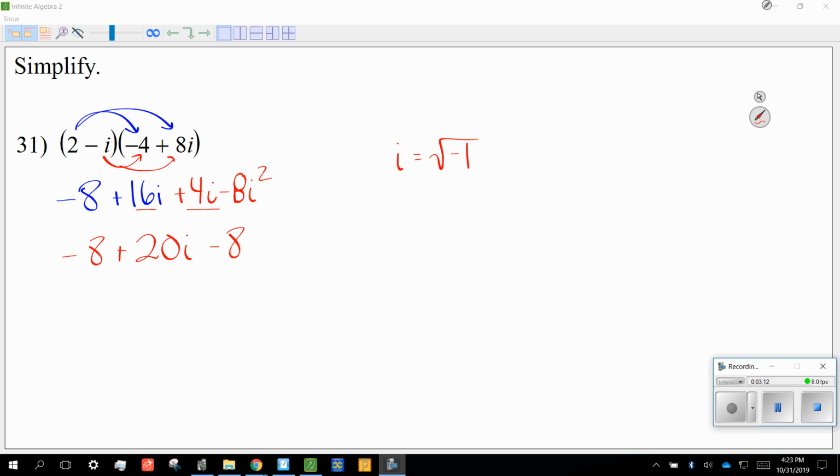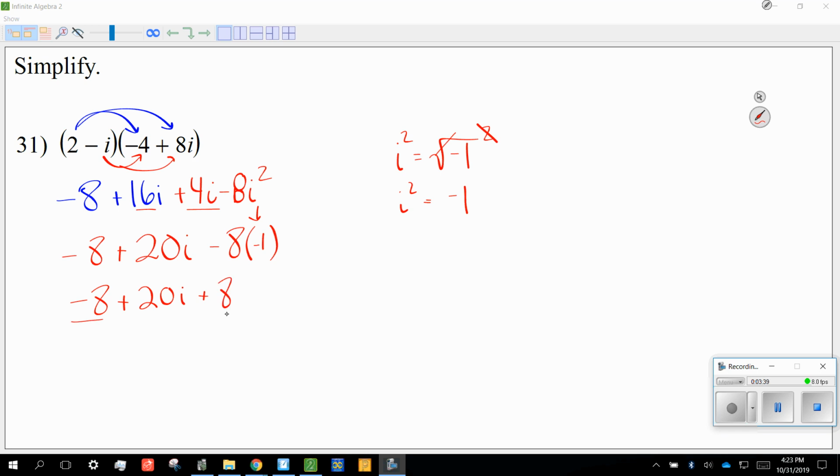If i is the square root of -1, then i squared must equal -1, since the square and the square root cancel each other out. So I can replace that. If that was an x squared, we'd be stuck, but an i squared is just a number, it's -1. So I have -8 plus 20i, and then -8 times -1 is positive 8.